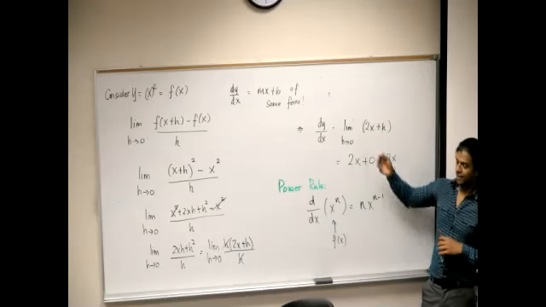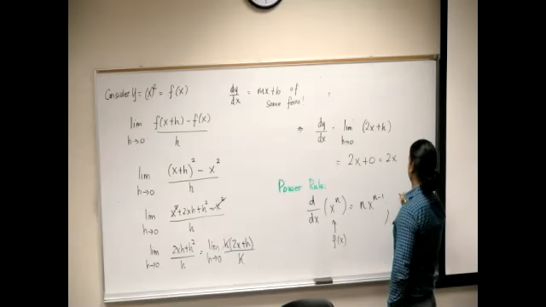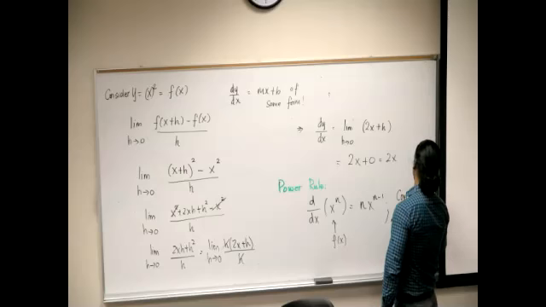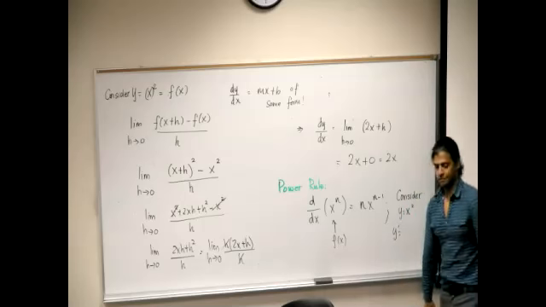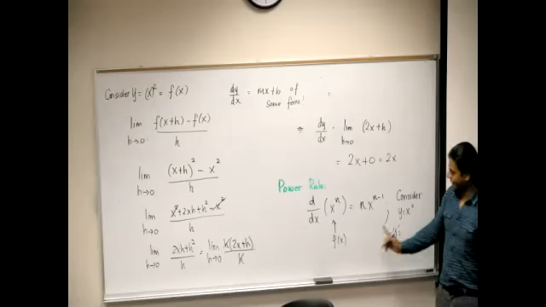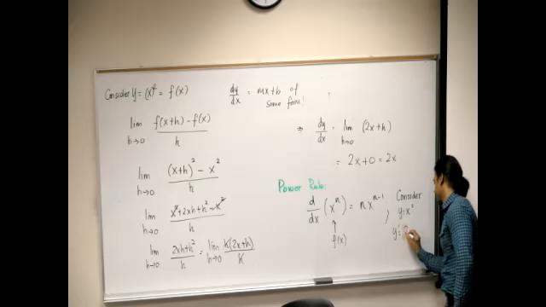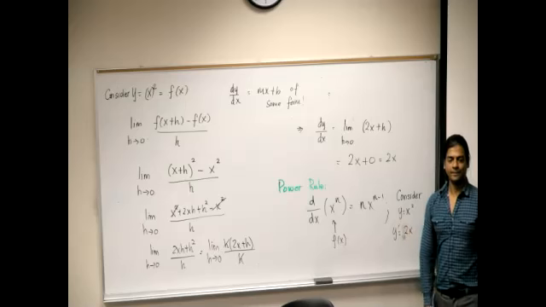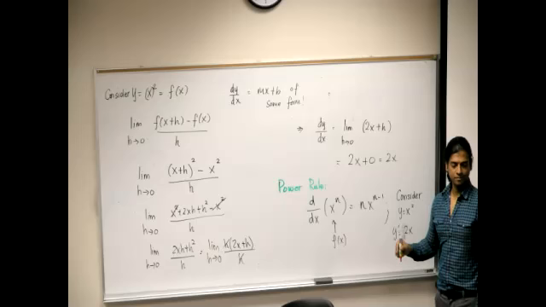Good. Let's go back to y equals x squared. What is the value of n? 2. So I'm finding the derivative, so 2 times x raised to 2 minus 1, which is 1.